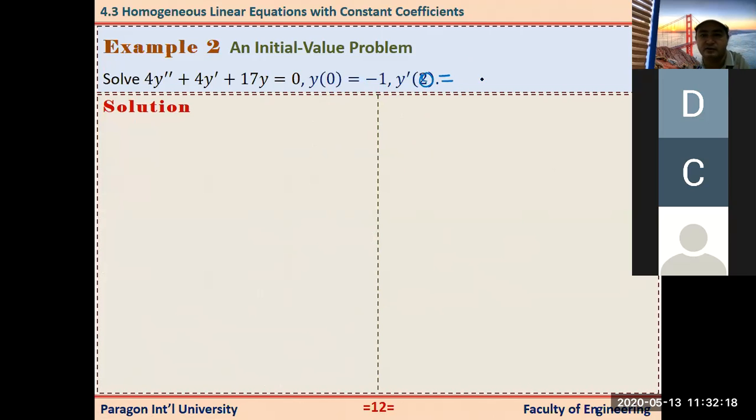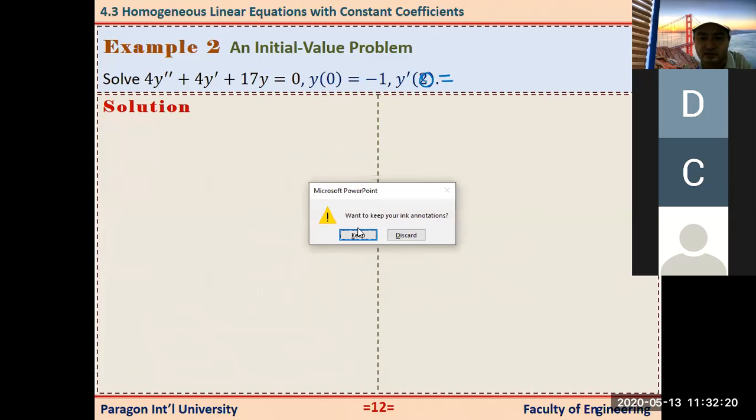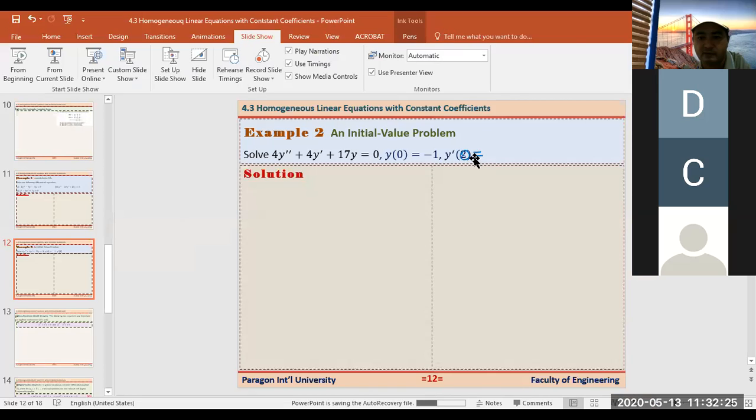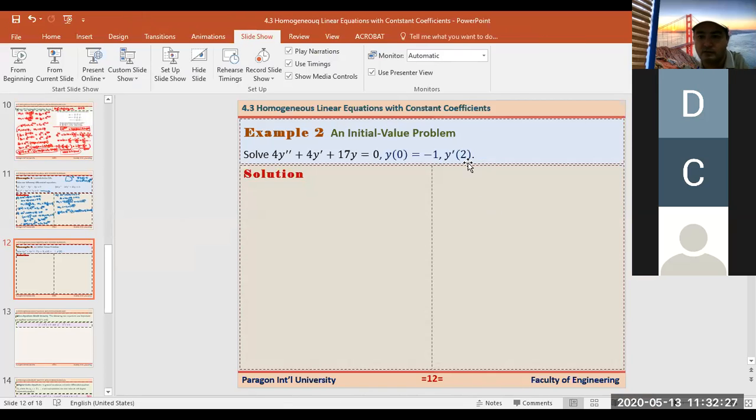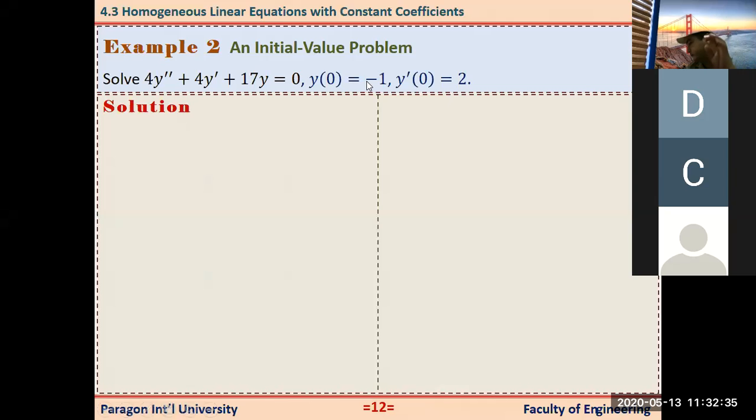Guys, let me just correct this immediately. Technical mistake. That's correct now, because otherwise if the question is wrong, we'll have a problem.